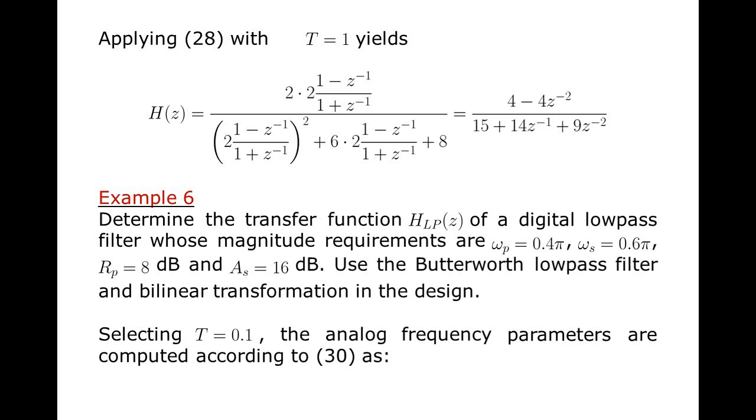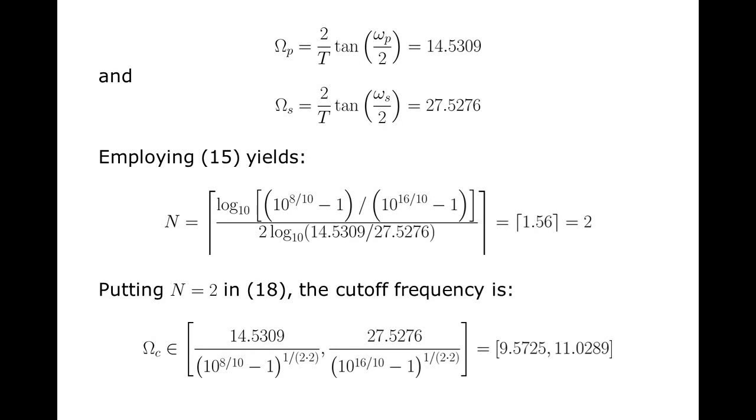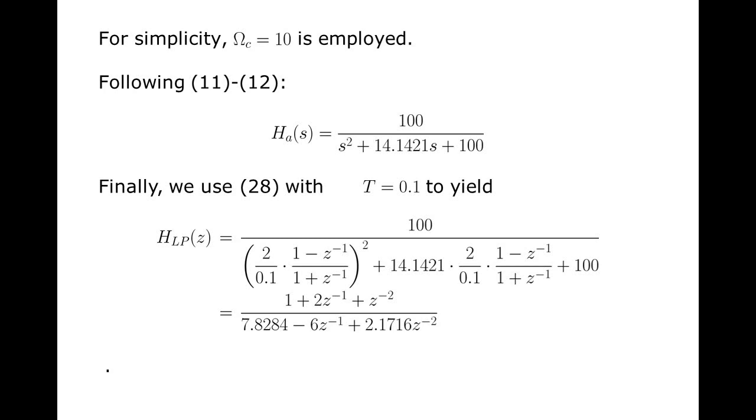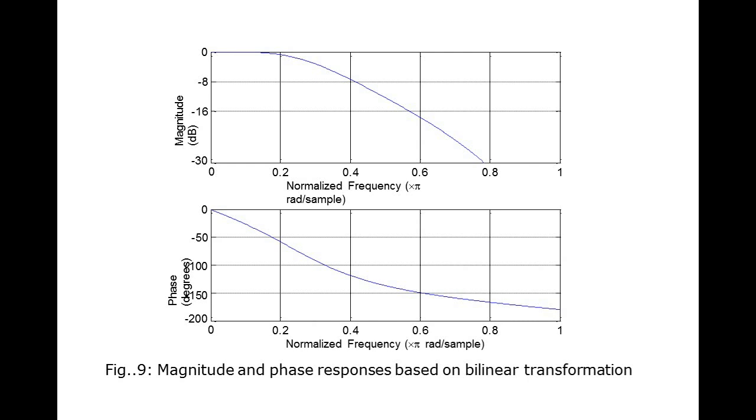On the same lines, problem 6 will be solved. First you find the pre-warping frequencies, Omega P and Omega S, then the order of the filter, then the actual cutoff frequency, then the transfer function HA of S, and then by converting HA of S into H of Z, substituting S in terms of Z, you get H of Z. So this is the procedure to design a digital filter from an analog filter using the bilinear transformation method.